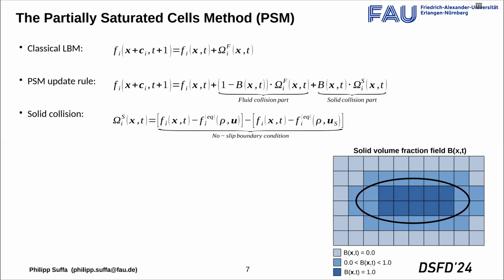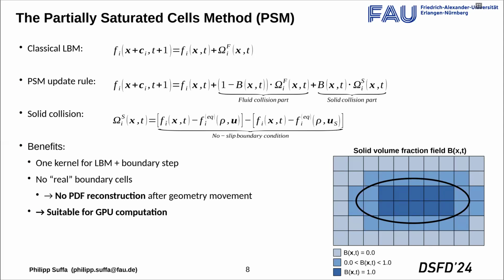That means for cells which are outside of the geometry, like these here, the PSM update rule is really just the classical LBM rule because this part here cancels out. So it's just a fluid collision part. And for cells inside the geometry, it's only this solid collision part, so only something like a no-slip boundary. And only for the interface cells, we do a mix of both kernels, both fluid and solid.